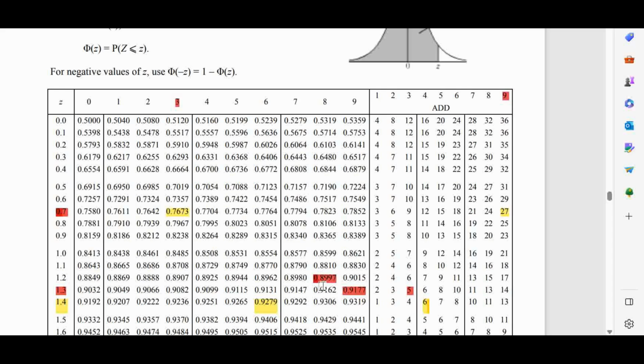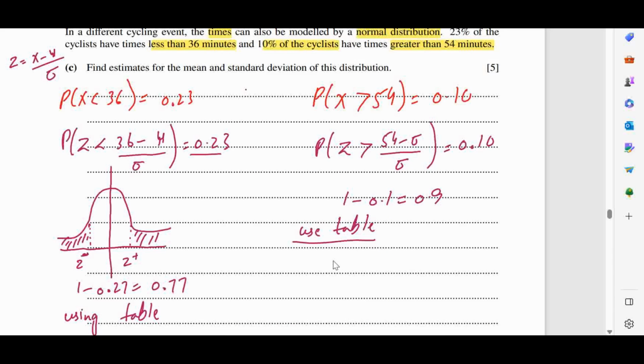Yes, this one, 0.8997, is closest, so we can say that z will be equal to 1.281.